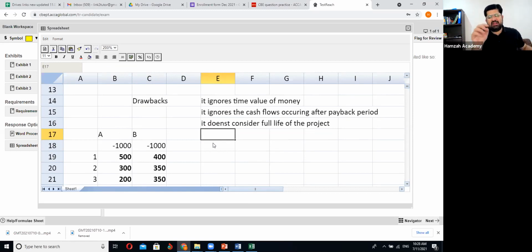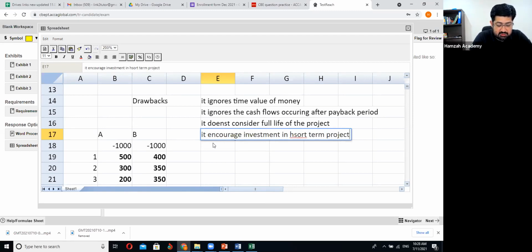And the last, there might be other points, but I am discussing the most critical points. Payback period method encourages investment in short-term projects.